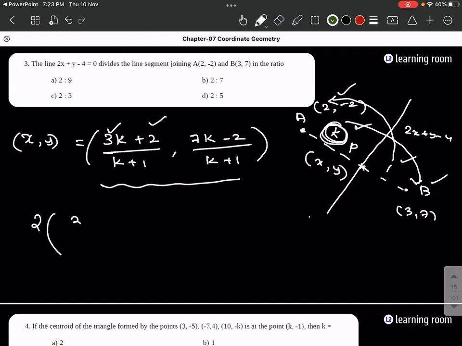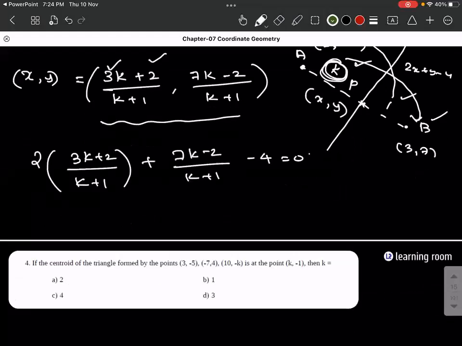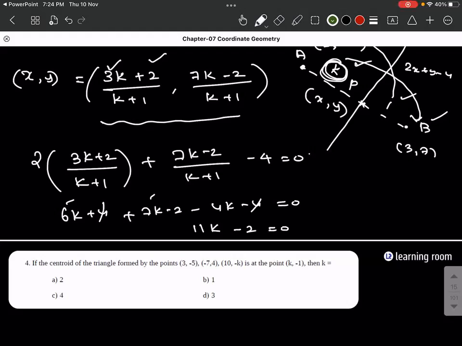So 2 into (3k plus 2) by k plus 1, plus (7k minus 2) divided by k plus 1, minus 4 is equal to 0. Correct? So 6k plus 4 plus 7k minus 2 minus 4k minus 4 is equal to 0. So 6 plus 7, 13, minus 4 is 11k. 4 and 4 are gone. 11k minus 2 is equal to 0.